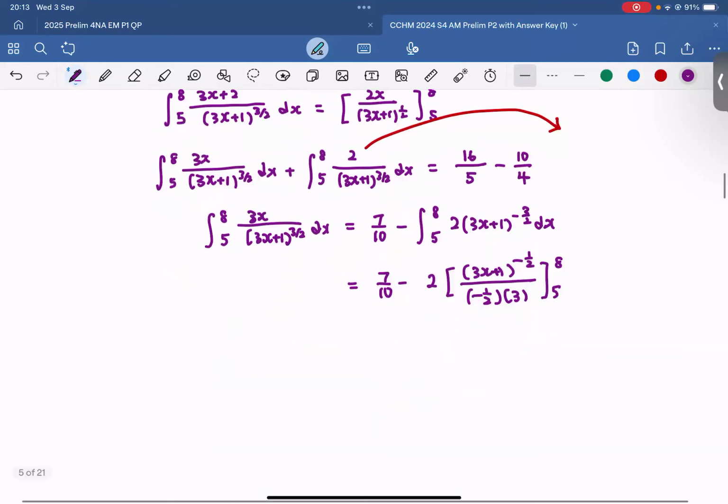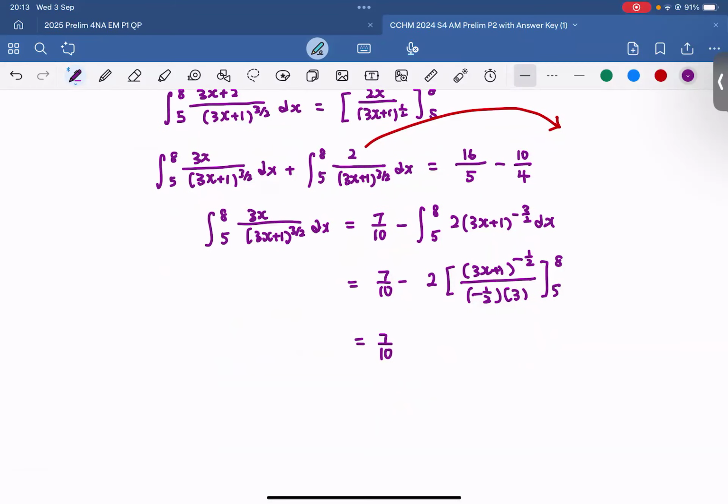Okay, and this will give me 7/10 plus 4/3, 3x plus 1 to the power of negative half, from 8 to 5. So put in the value. So put in 8 is 1/5 minus 4/3.